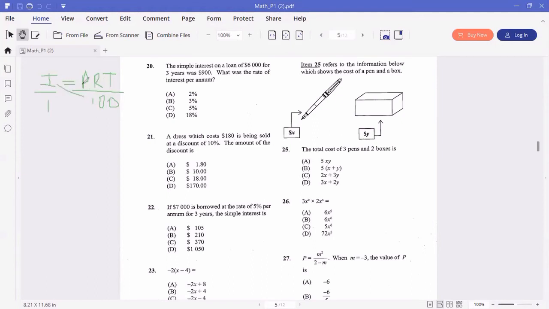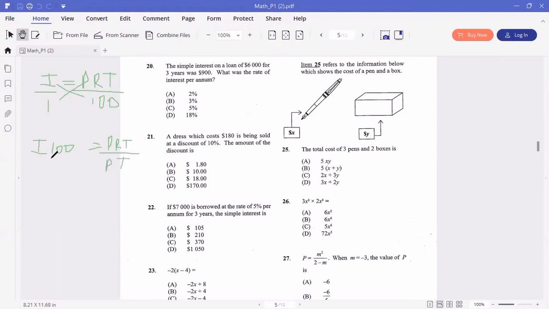Now first I need to cross multiply. So I should get I times 100 and PRT times 1, which gives me PRT. If I want to transpose for R, PRT is 3 variables that are being multiplied, so I can divide by PT.